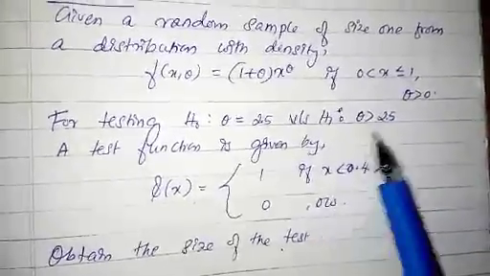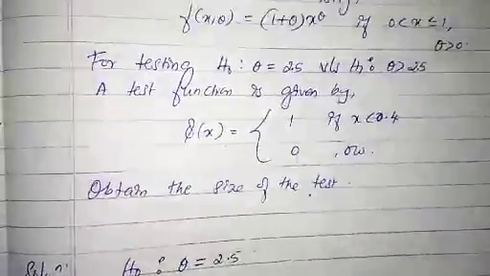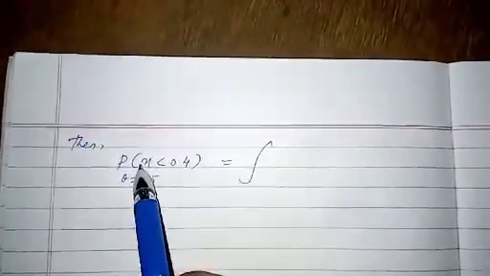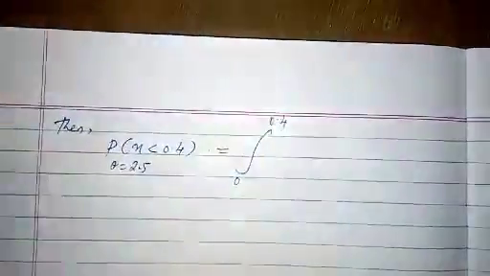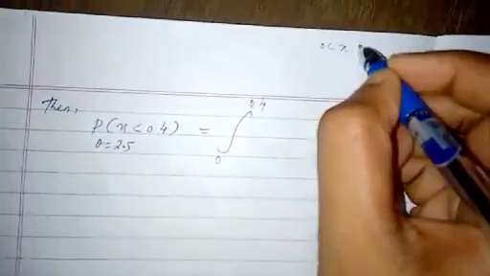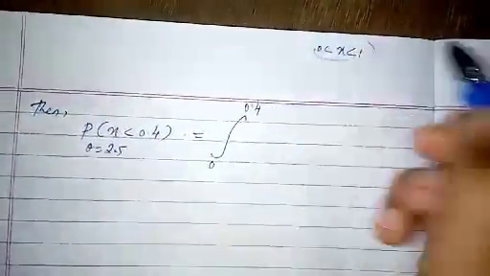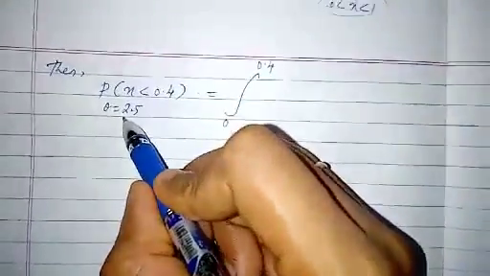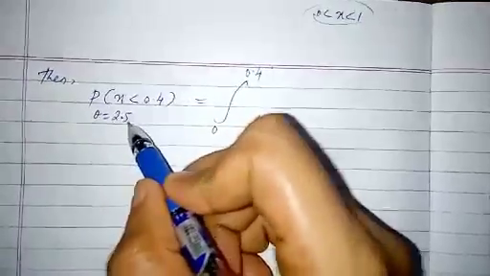So here the range is from 0 to 1, but here the range is x less than 0.4, right? So here the lower limit is 0 and the upper limit is 0.4. Understood? Here the x range is 0 less than x less than 1, which is given. But here we have to find out the probability of x less than 0.4 under theta equal to 2.5.